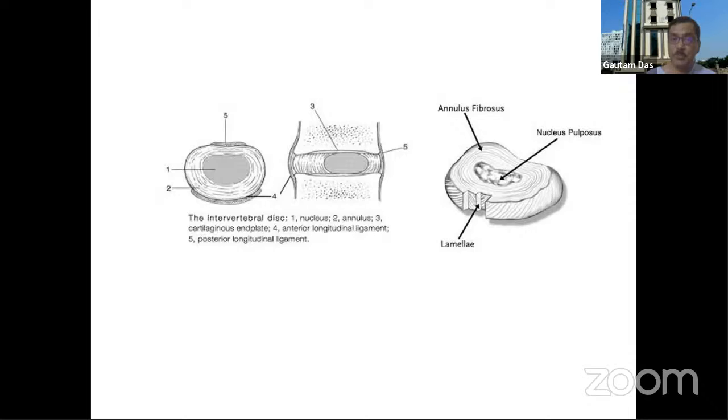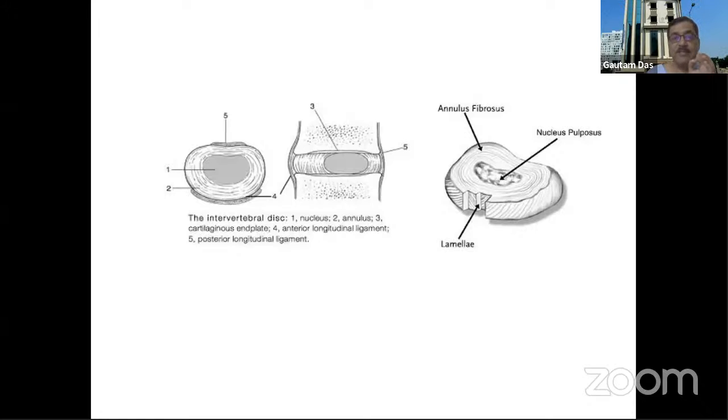The disc is much more pliable, much softer. So this is about the nucleus pulposus. Remember, the aging process of the disc affects primarily the nucleus pulposus. How? It becomes dehydrated. What is called degeneration then?